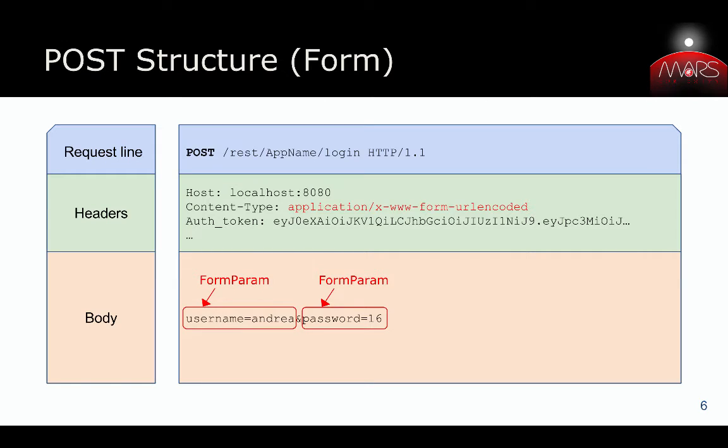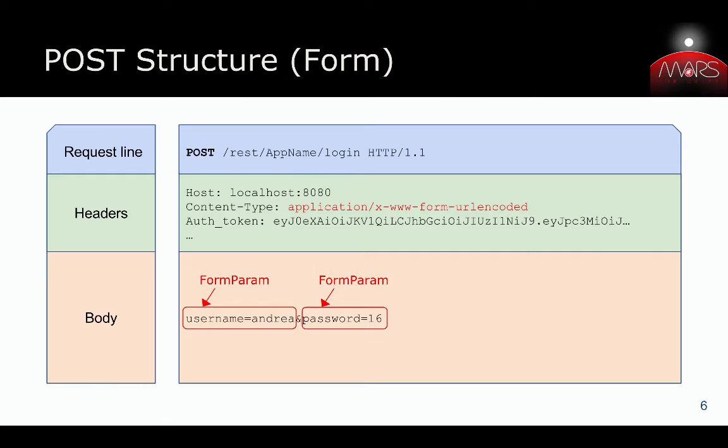Similarly, you can have a POST, a very common HTTP request made to send some data to the server, and the POST can have a body part, but the body can represent very different content.